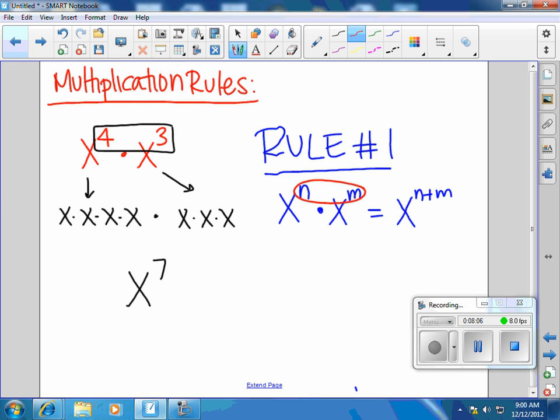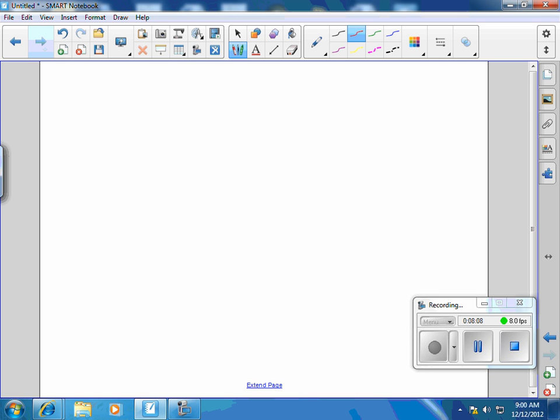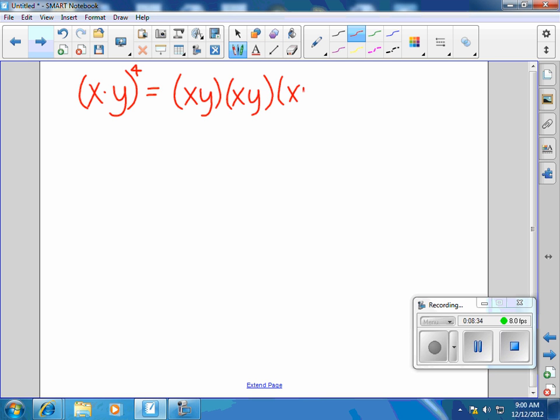So last multiplication rule that we need to do, and then we'll do some problems with these. Last multiplication rule is kind of almost like a distribution property. So let's say that I have x times y, and it's all to the 4th power. What that means is I have xy times xy times xy times xy.